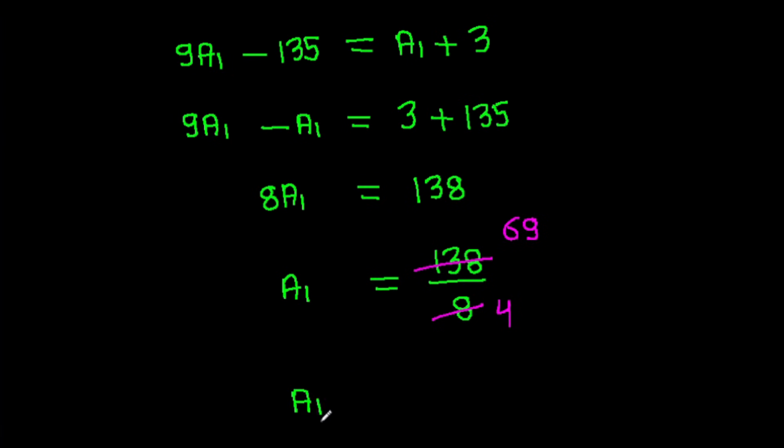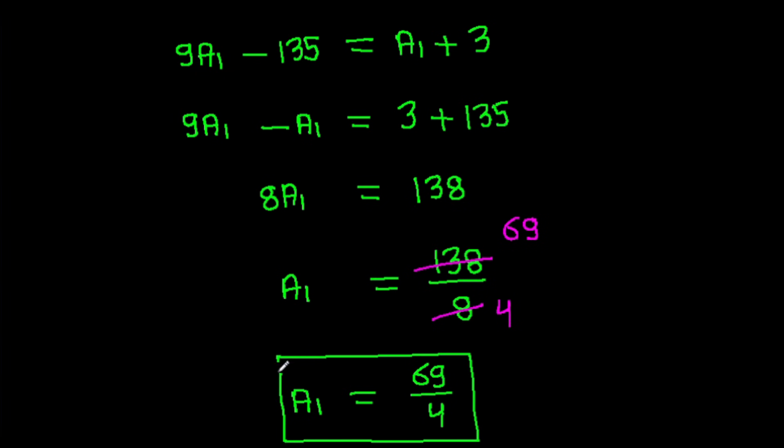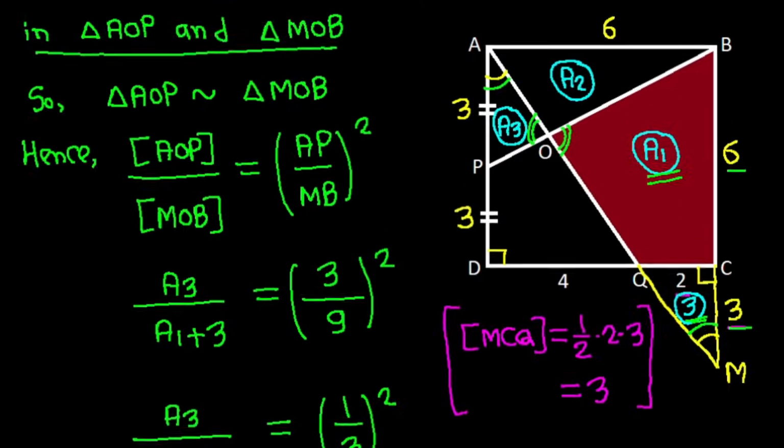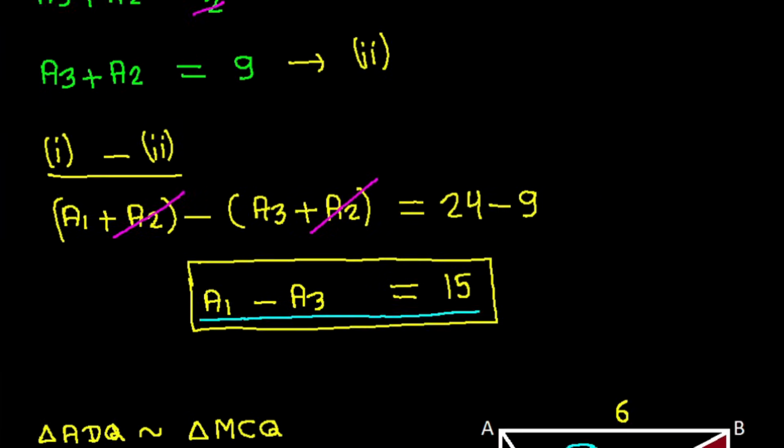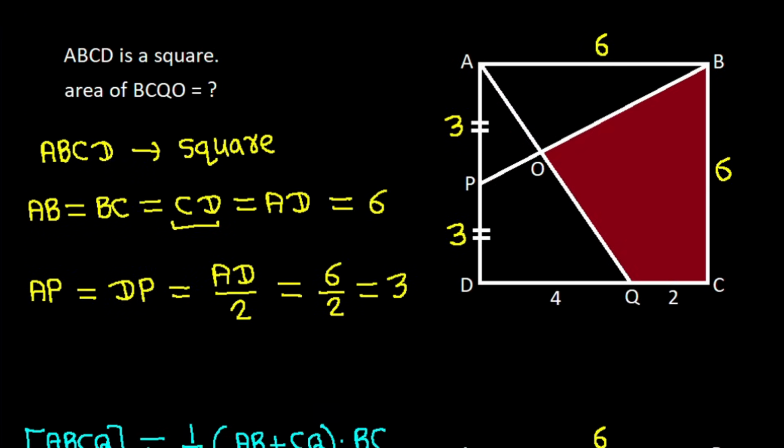So A1 is 69 over 4. So this area is 69 over 4.